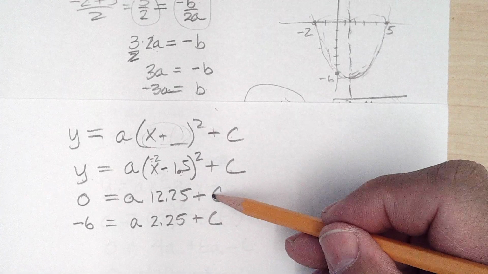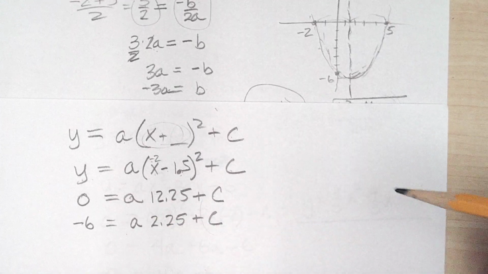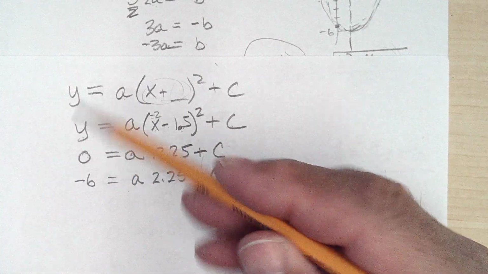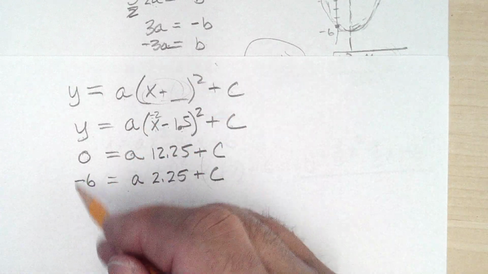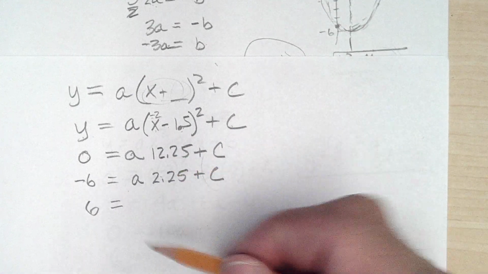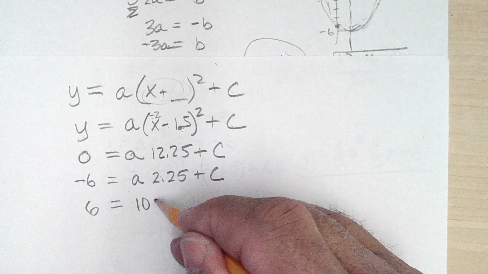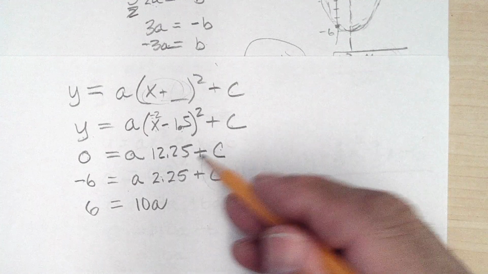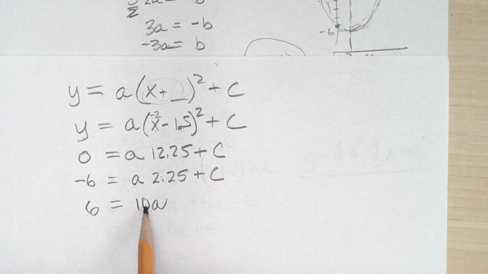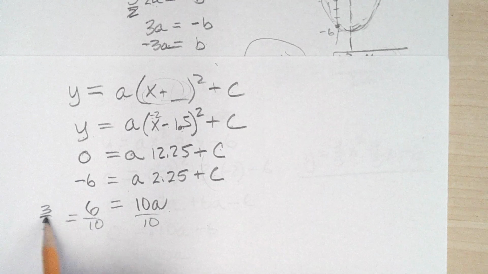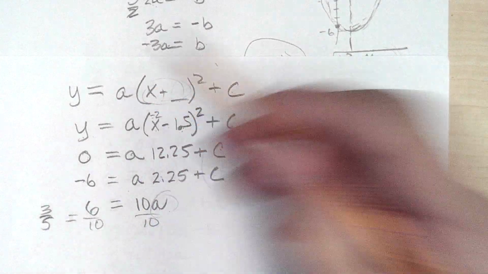And if I just subtract these two equations, the c are going to drop out. So if I take this from this, 0 minus negative 6 is 6. 2.25 from 12.25 is 10 a's. And c from c is 0, so I get 6 equals 10a. Divide by 10, and I get a equal 3/5 here.